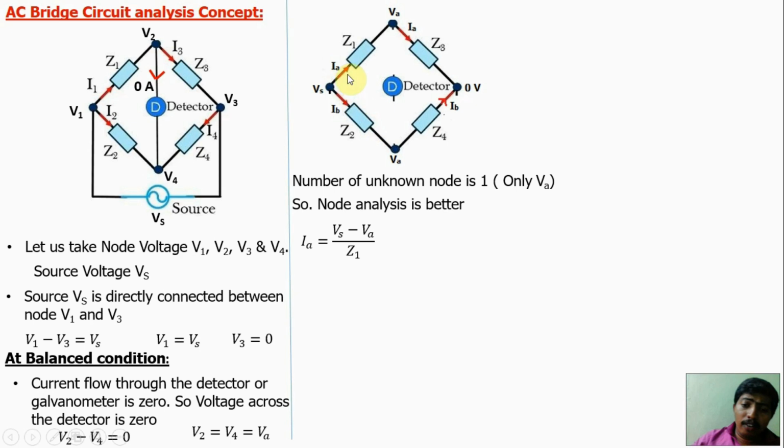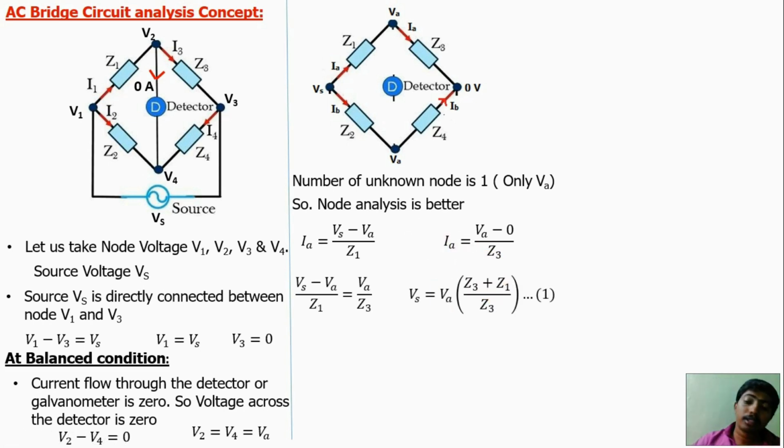So what is the value of current IA? IA means Vs minus Va by Z1, basic Ohm's law. So this current IA is equal to Va minus 0 by Z3. Both are the same. Let us take this equation as 1.